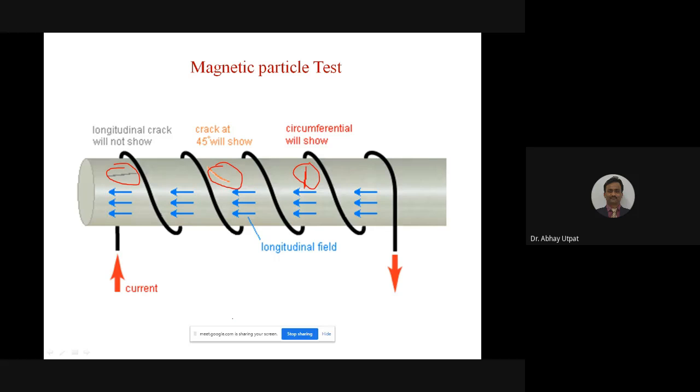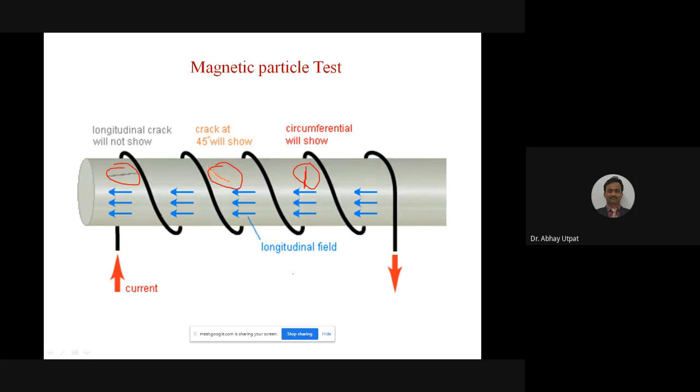Means what? How to carry out this test? So on this rod, where you want to find out the cracks, iron powder is sprinkled. Iron powder is sprinkled. It may be the dry method or wet method. Then immediately if you switch the current on, the powder which is spread throughout the surface accumulates at the position of the crack.